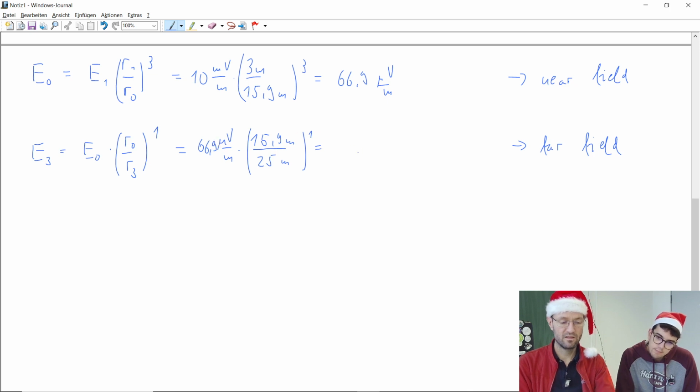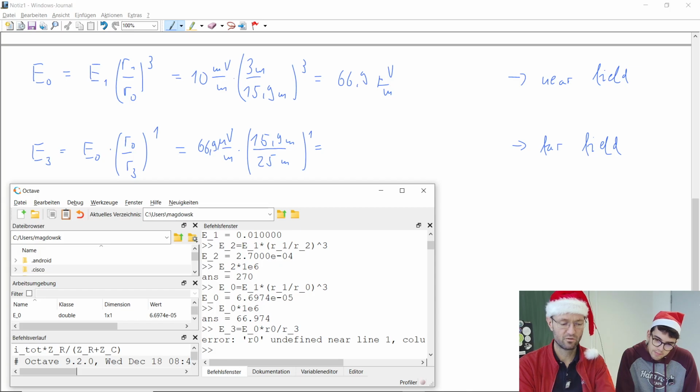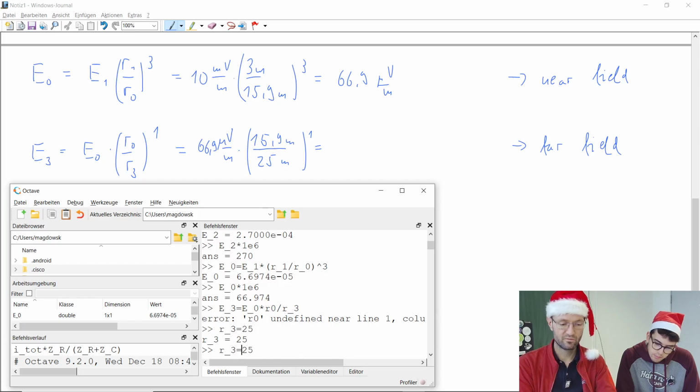And do the final conversion in the far field. So E3 we get from E0 multiplied with R0 divided by R3. And I think we don't have R3 yet, and I also forgot something there. So R3 is 25 meter, and there's some underscore missing.